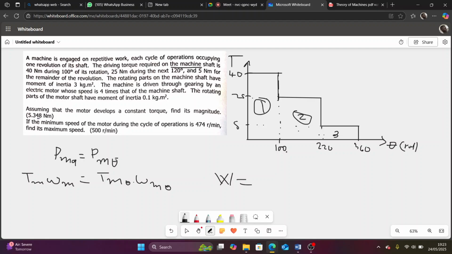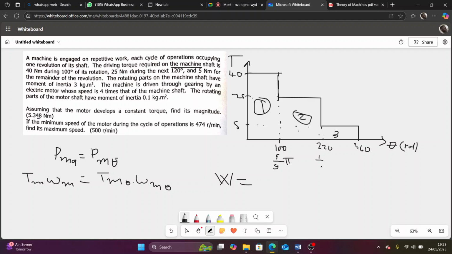Five over 9 pi. What is the next one? 220? 2 over 9 pi.